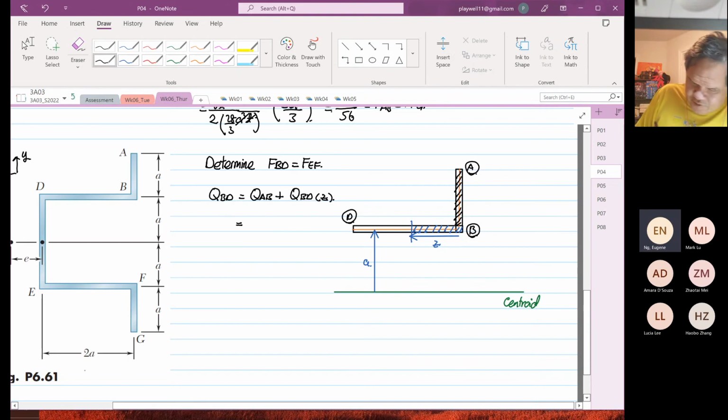Just to make things easy, this is our width and this is our depth.